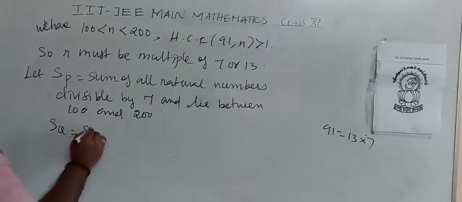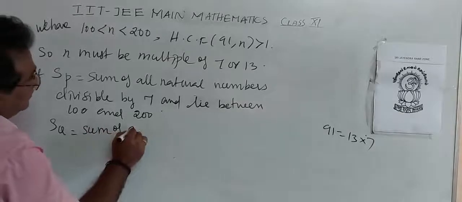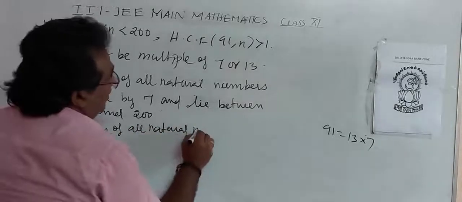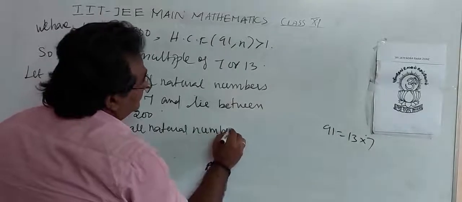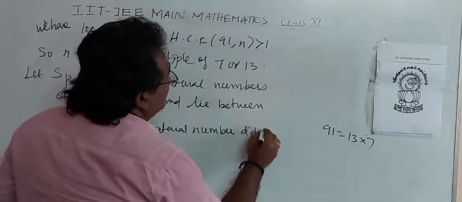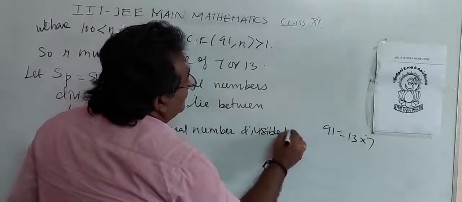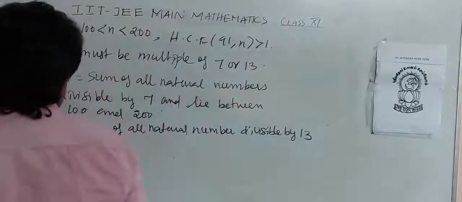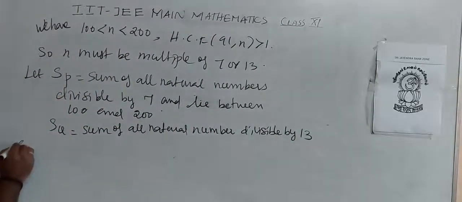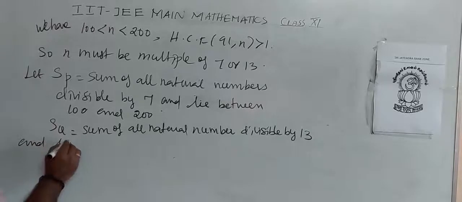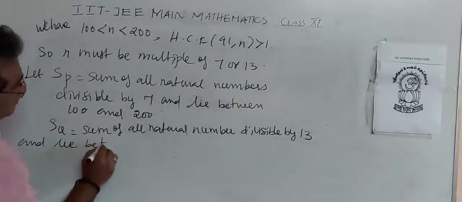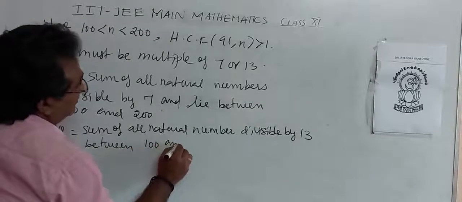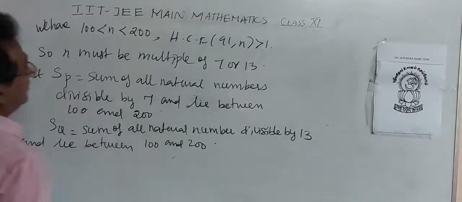SQ is the sum of all natural numbers divisible by 13 that lie between 100 and 200.